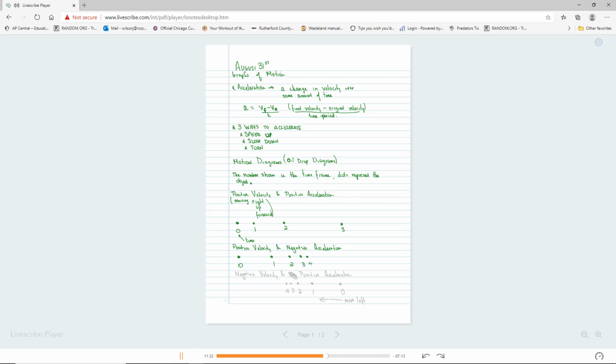Most people don't have any problems with those two. It's the other two that cause problems. It's the negative velocity and positive acceleration, and the negative velocity and negative acceleration that cause grief.